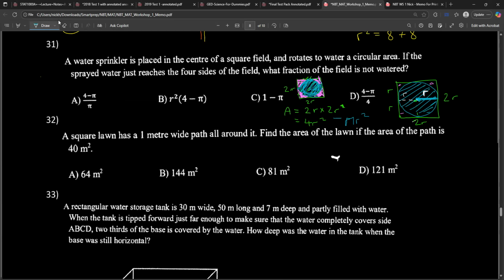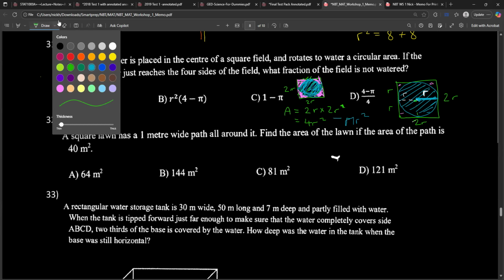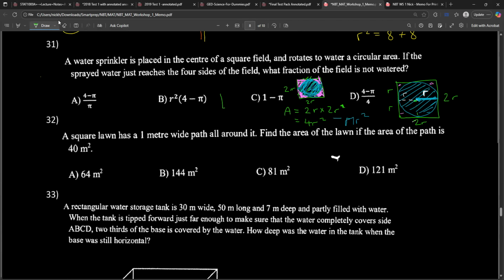Now they want the fraction that's not watered. So the total area is the 4r squared, the fraction of the whole field. That would be that whole square.